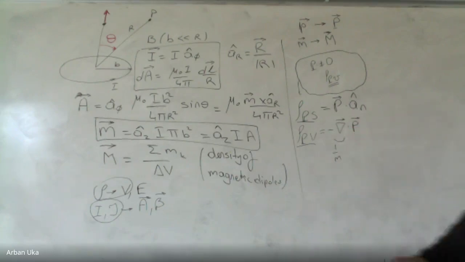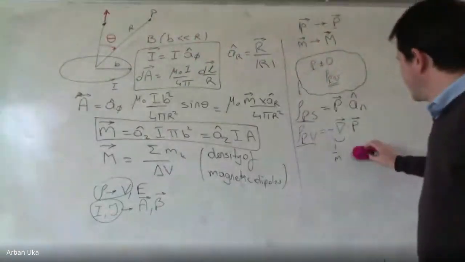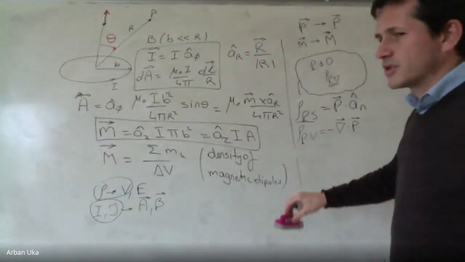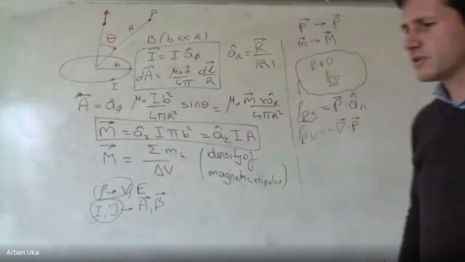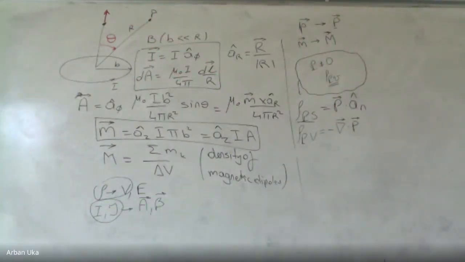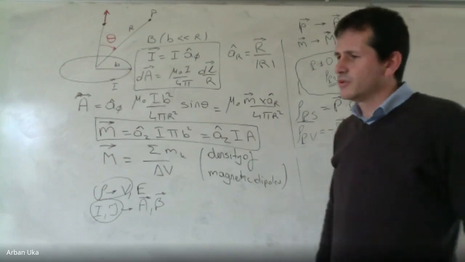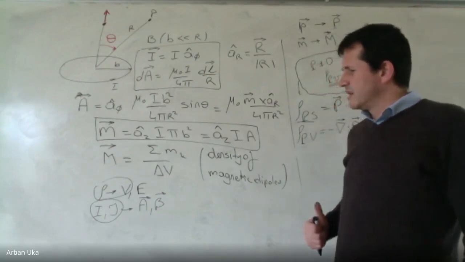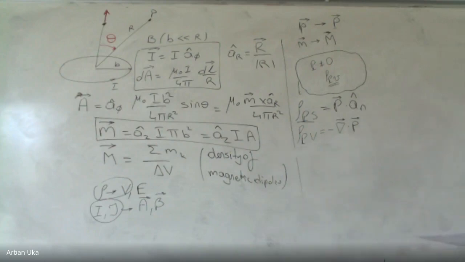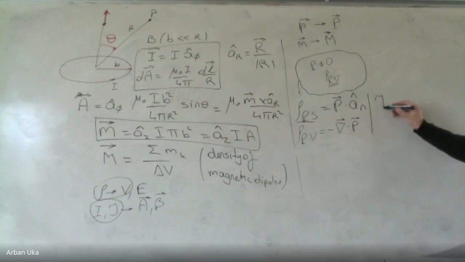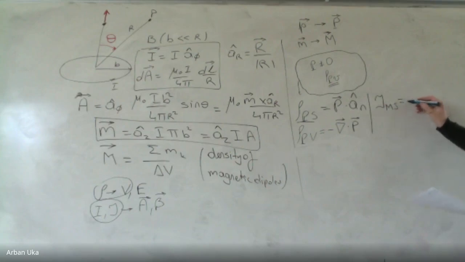Now, we have this, which was for electrostatics, and now there are similar mathematical constructs, but they're not only mathematical constructs for sure, they will show up as new currents in the systems. This means that because of this magnetization, we can define a new current density, J, because of the magnetization on the surface, which can be written as M, the magnetization, cross product with AN.